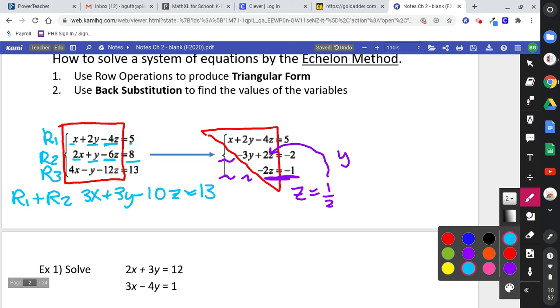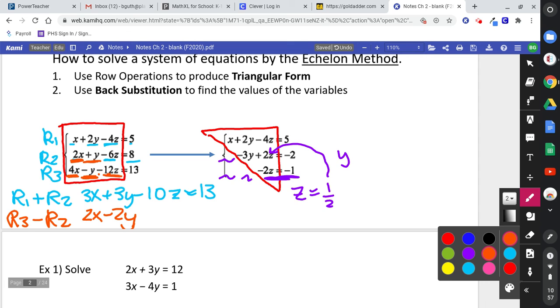So let's do another one. Let's do row 3 minus row 2. Row 3 would be 4x minus 2x is 2x. And negative y minus y is going to be negative 2y. Okay, next one.